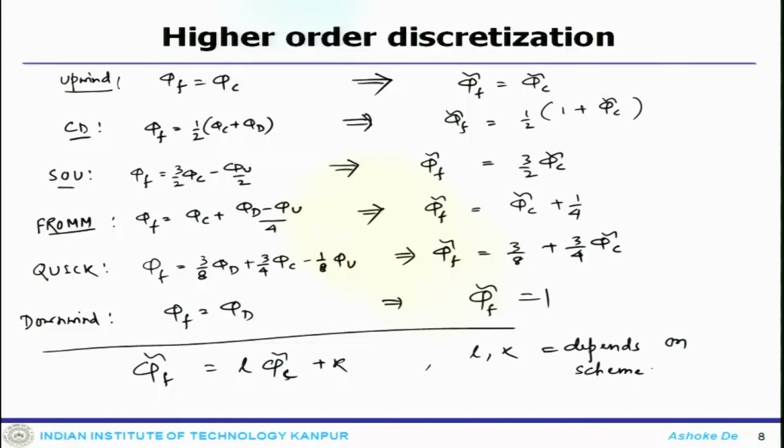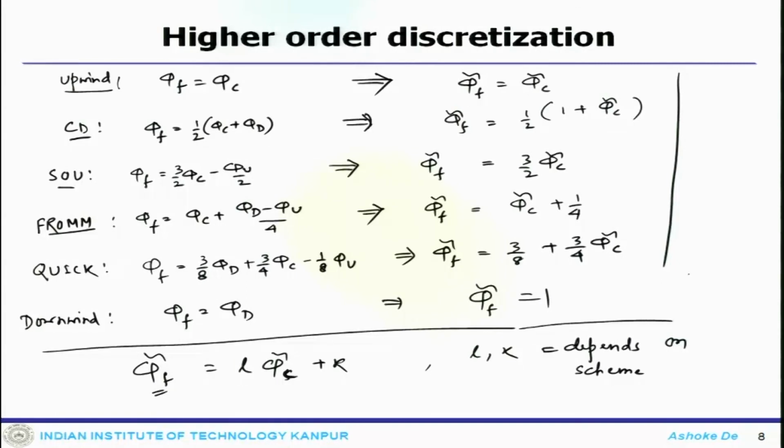Okay. So, the point here is that one can now plot this phi f tilde against phi c tilde in a particular plane, and the functional relationship of all these schemes will appear as a straight line.